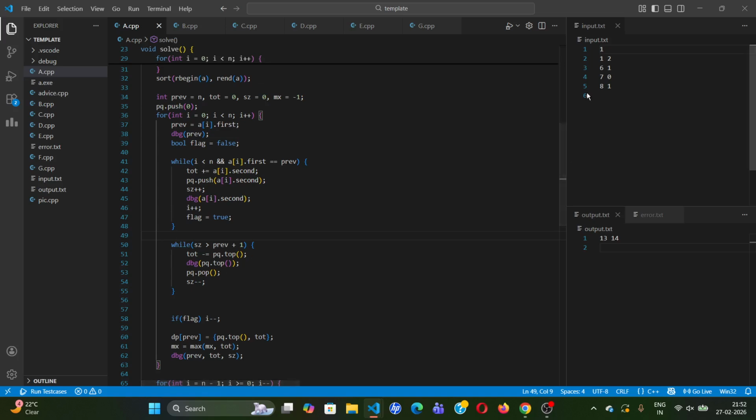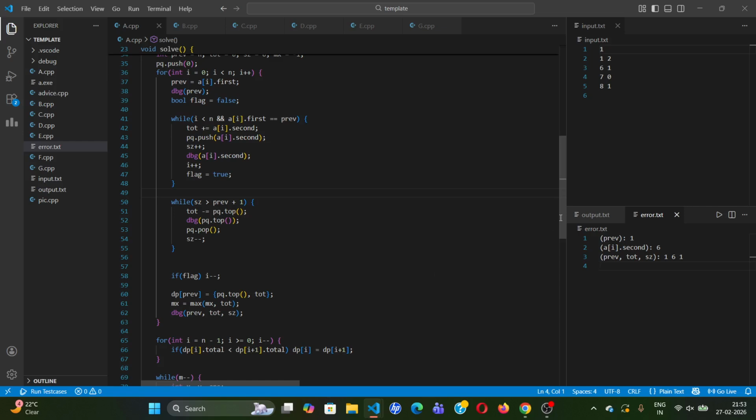6 and that decreasing. It gets 6, then 0 is total, and the pq dot top equals to 0, 6, and it is 0.